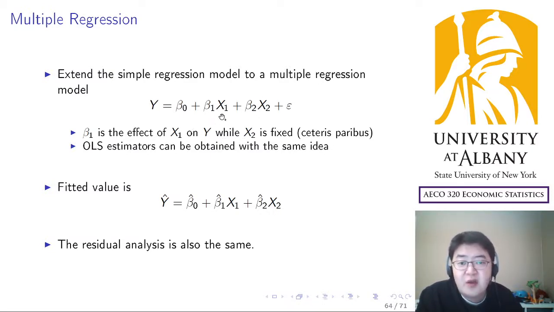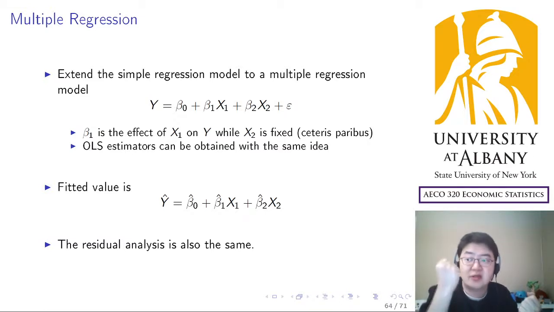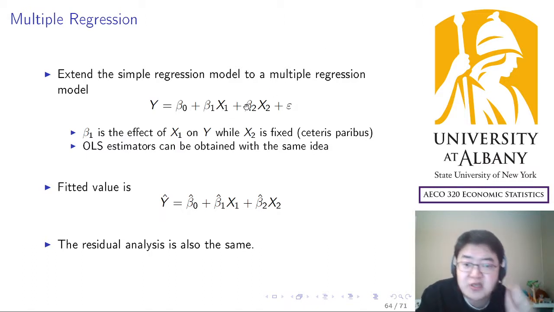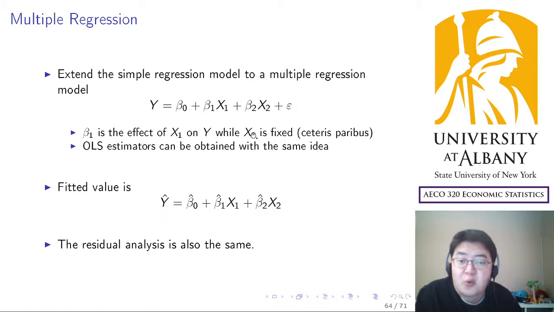Same, when x1 increases by 1 unit, y increases by beta 1 under the condition that x2 is fixed. x2 does not change. So, ceteris paribus assumption. All the other variables don't change. Then let's compare what happens when x1 increases and how much y increases. That's a subtle interpretation, but important, fixing something.